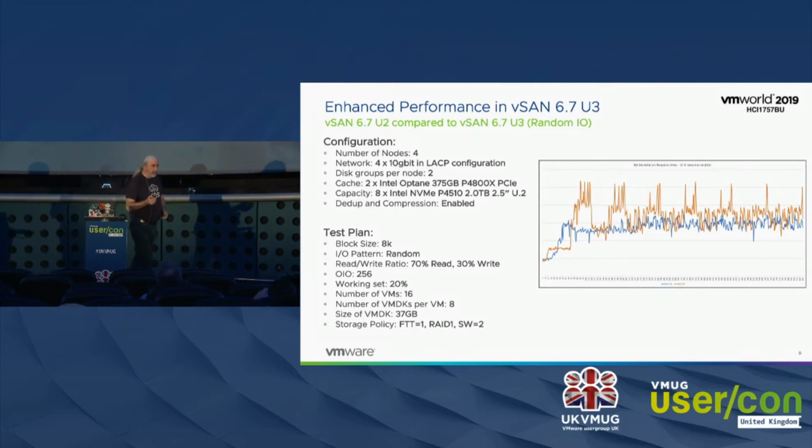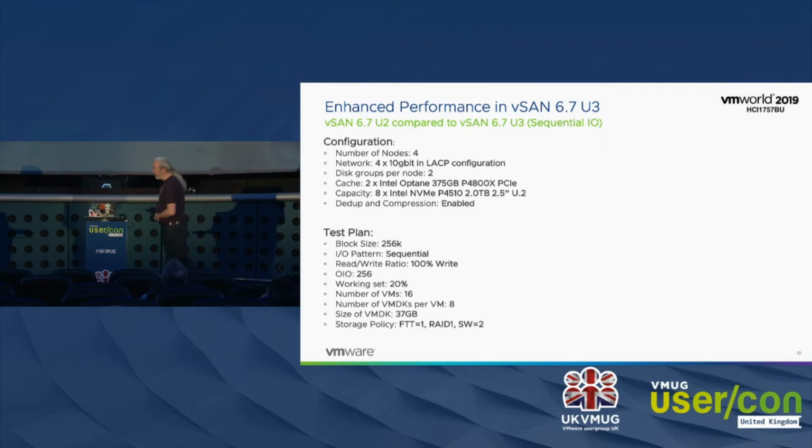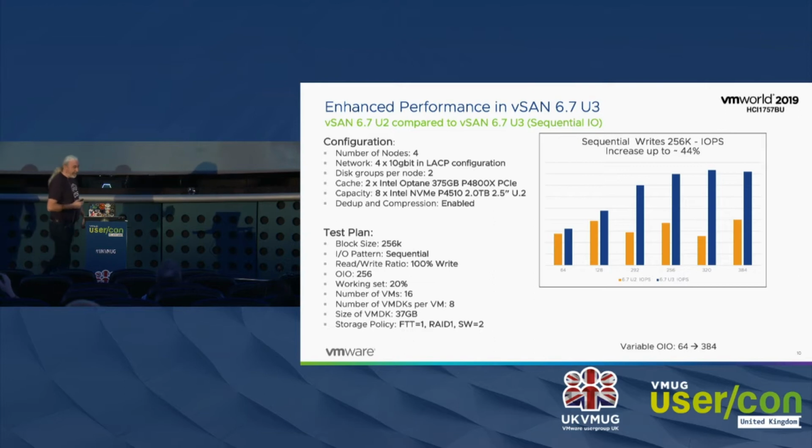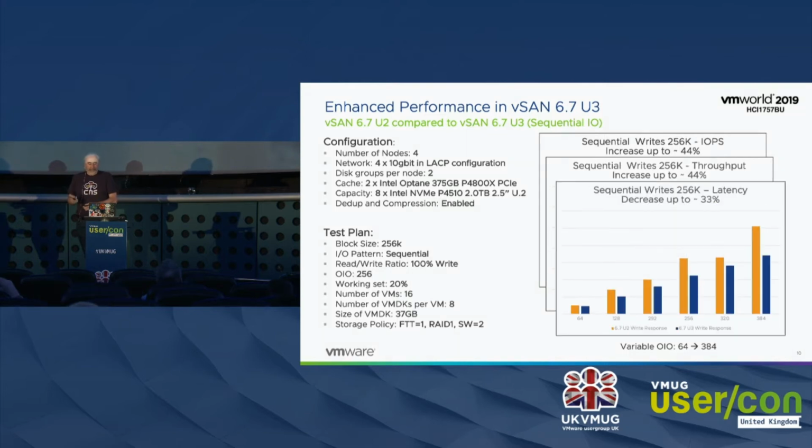And again, just keep in mind, this is dedupe and compression. The second test was the same configuration, but this time with sequential workloads. You can think of things like cloning or backups and restores onto vSAN for this particular I/O pattern. What we noticed here is that the IOPS and the throughput improved by 44%, and the latency dropped 33%.